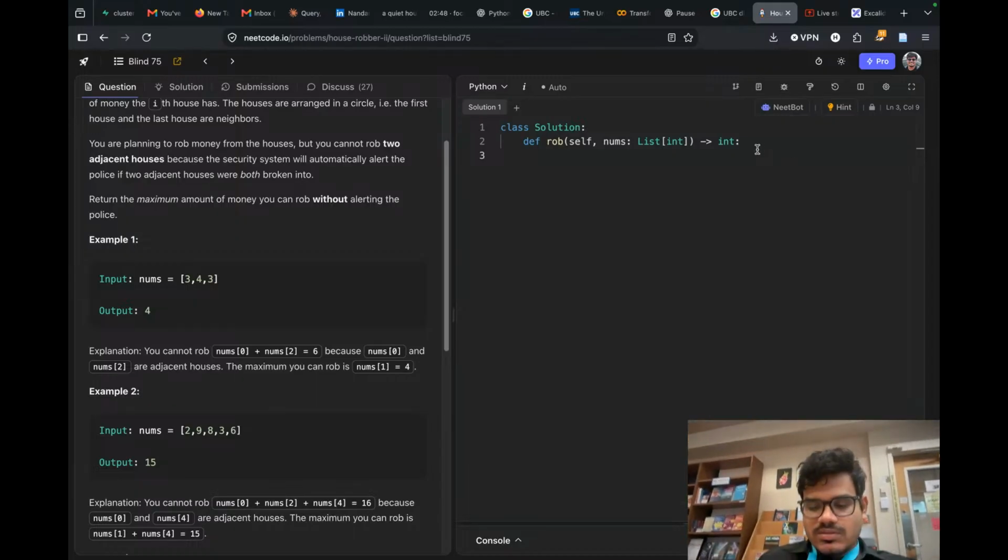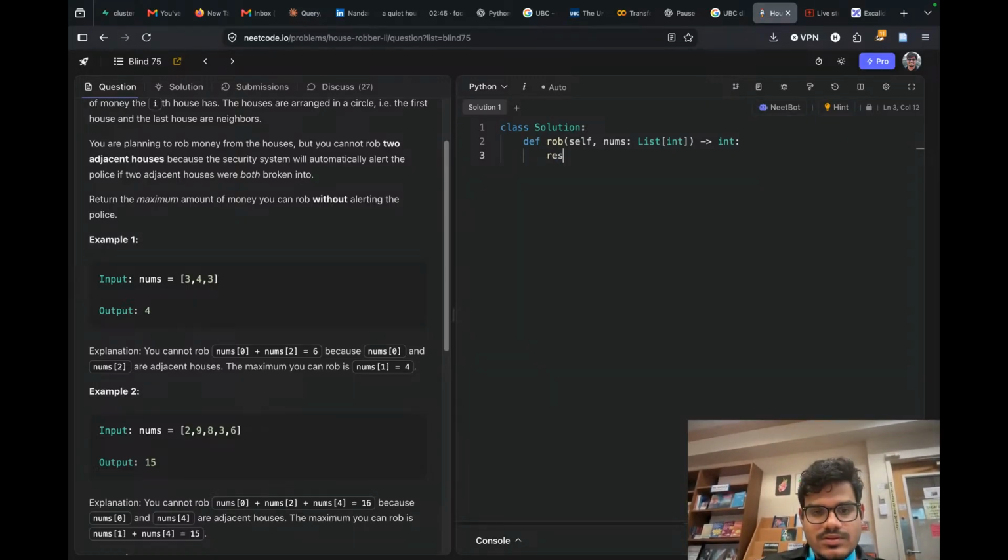So let's take rest one, comma rest two. Let's take rest one equal to zero and rest two equal to zero.